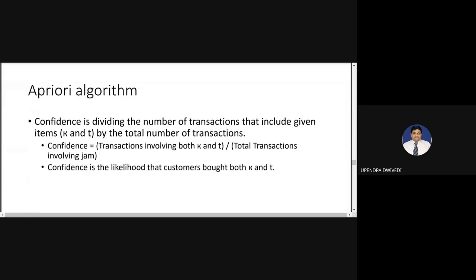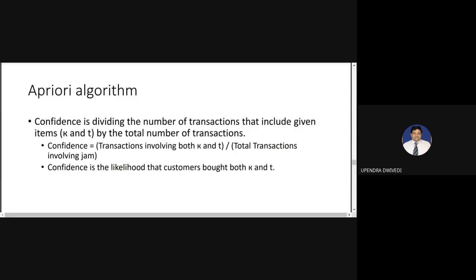So we are calculating the confidence of 1 comma 2. Again, the same formula applies: the transactions involving 1 comma 2. So 1 comma 2 has occurred in the first, second, and third. So there are 3 transactions which have 1 comma 2, and the total number of transactions we have already calculated, that is 7.